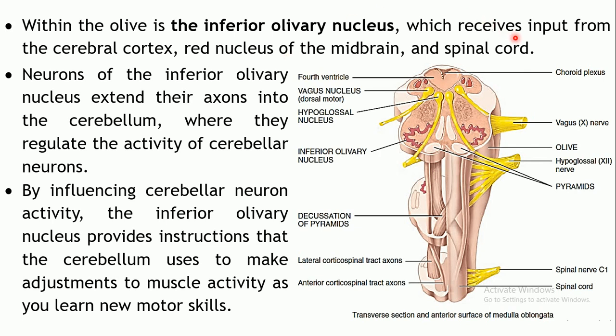So this nucleus receives the input from the cerebral cortex, that's the higher center, the red nucleus which is present in the midbrain, which is a part of the brainstem, and the spinal cord. Now these neurons of the inferior olivary nucleus extend towards the cerebellum.